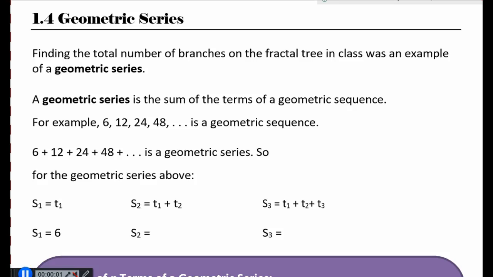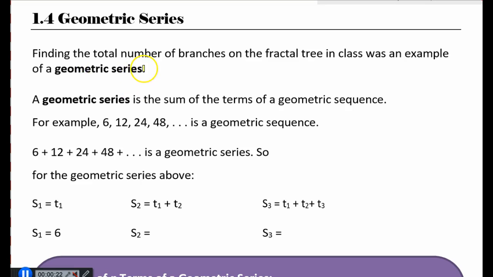So our fourth lesson, our second last one of the unit, is 1.4 geometric series. Just like arithmetic series, the whole idea behind them is that we are going to be adding up the terms in a geometric sequence. So that's what this sentence here is telling us.